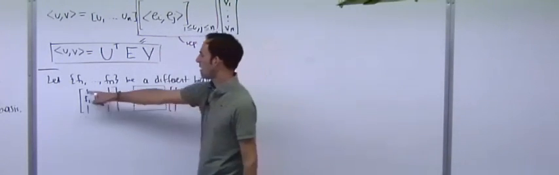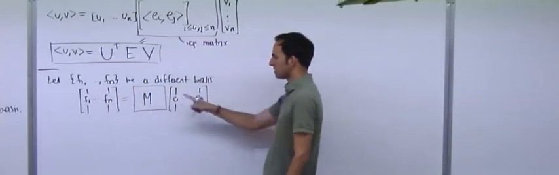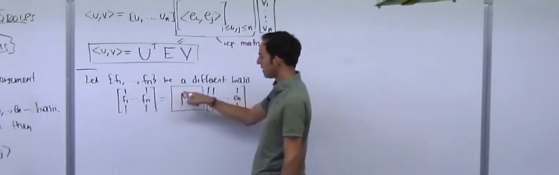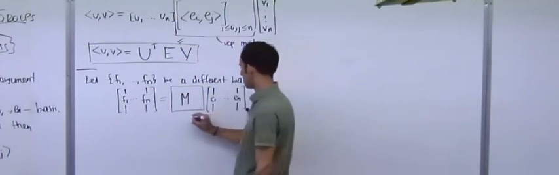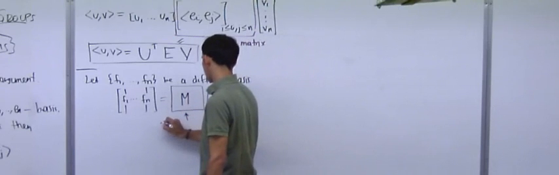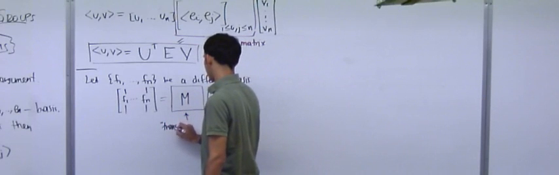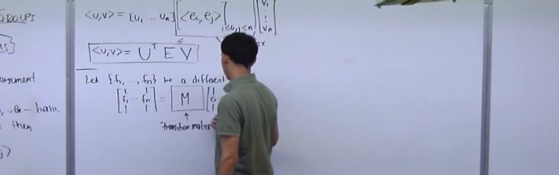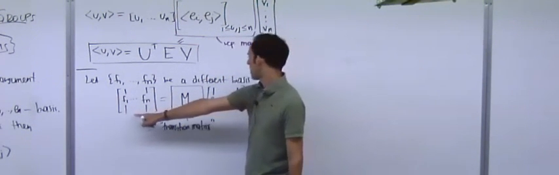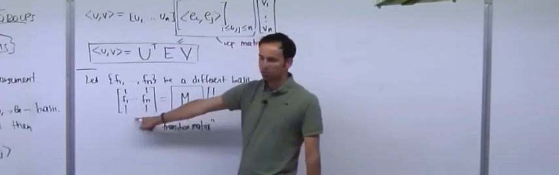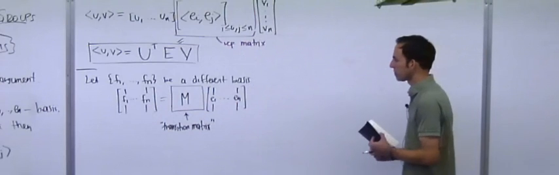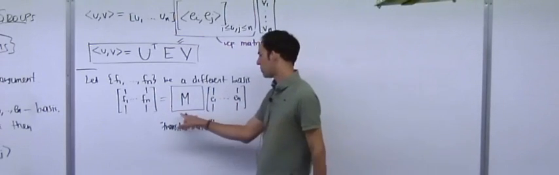So you just tell me how to write F1 in terms of the Ei's and put that in the first row. How do you write F2 in terms of the Ei's and put it in the second row? So this is the transition matrix that tells me how to go from my old basis to my new basis. Okay? Some invertible matrix. Why is it invertible? Well, because this is a basis.